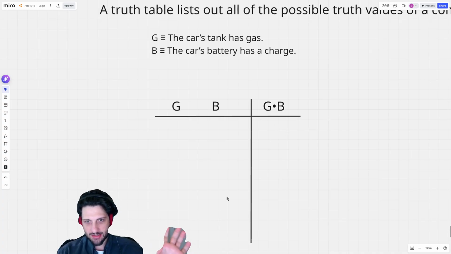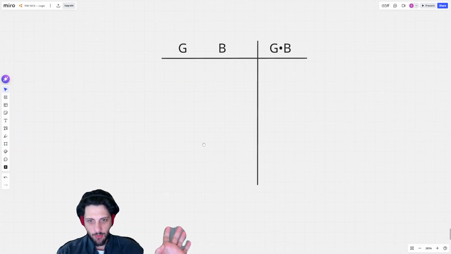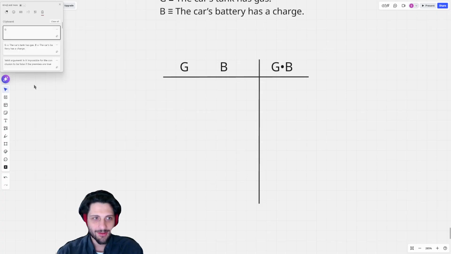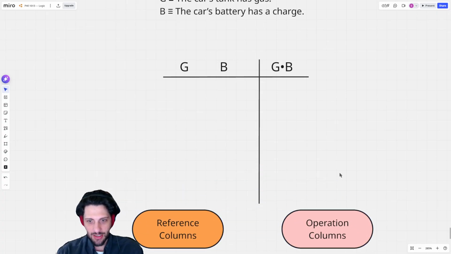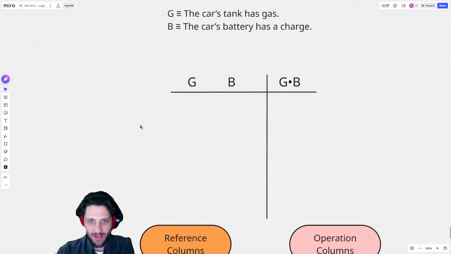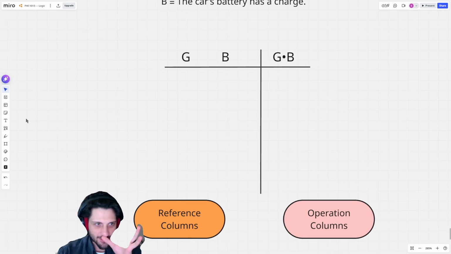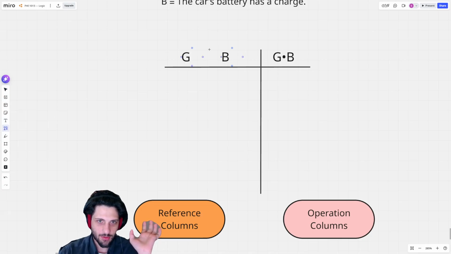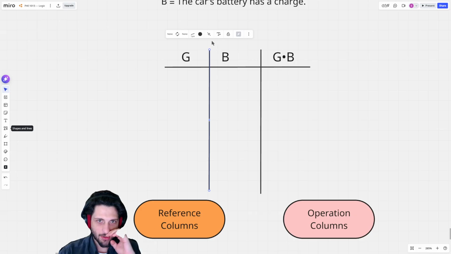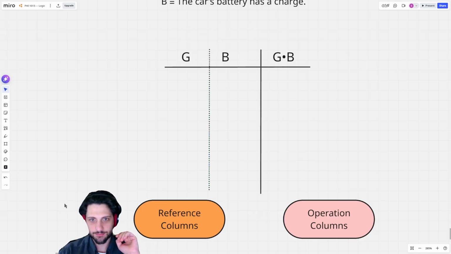Basically, this is going to separate what we call the reference columns from the operation columns. Again, let's not get bogged down with definitions. Let's just get a little bit deeper in. Now I'm going to draw one more line right here. I'm going to make this dotted though.